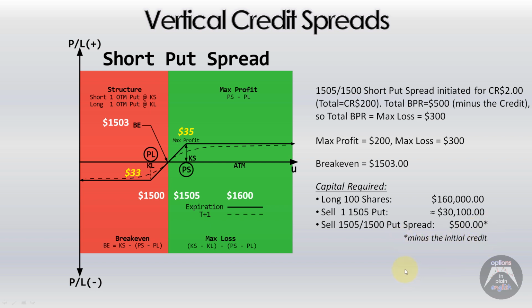So in reality, you would need something closer to $300 to maintain this position, okay? Because you got the credit, and that credit is yours to keep no matter what, okay? So you can see how using a vertical credit spread allows you to access these types of underlyings with very little capital.